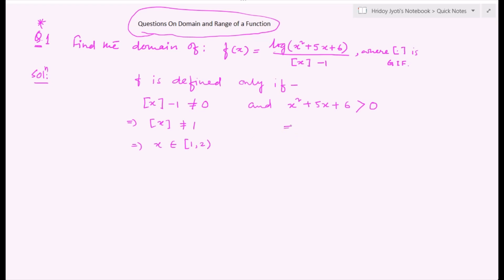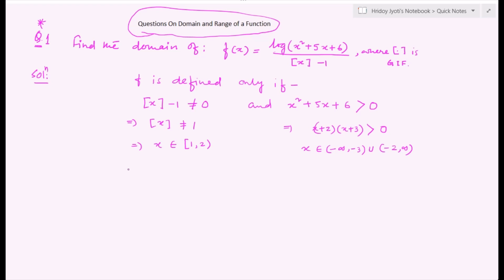And for this we'll be getting (x plus 2) into (x plus 3) greater than 0. So we'll be getting x belonging to minus infinity to minus 3 union minus 2 to infinity.